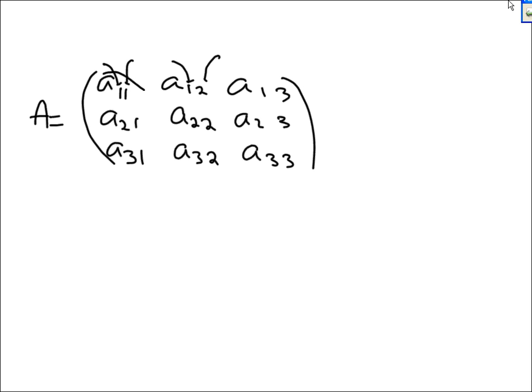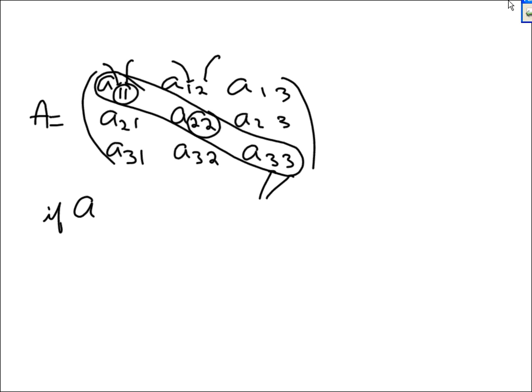Now, if you notice, this is a square matrix. When you're on the diagonal, no matter which entry you look at, the rows and the columns are the same. Now, if a_ij is equal to 0, again, we're talking about this matrix A, a square matrix, if i and j are not the same.